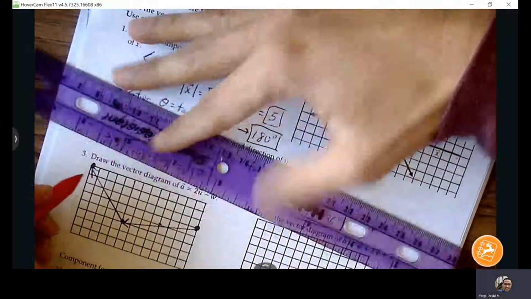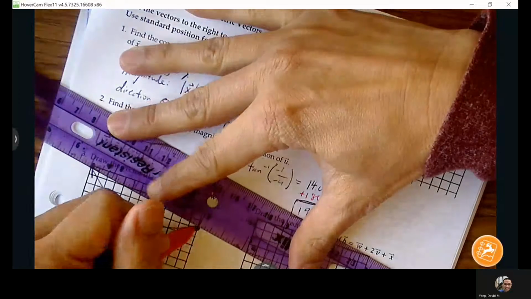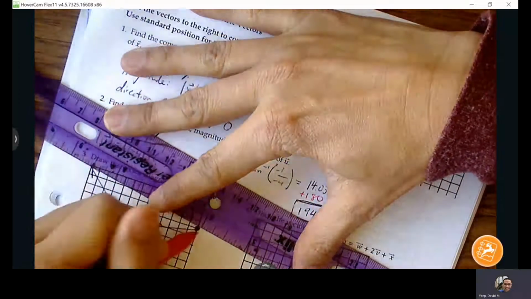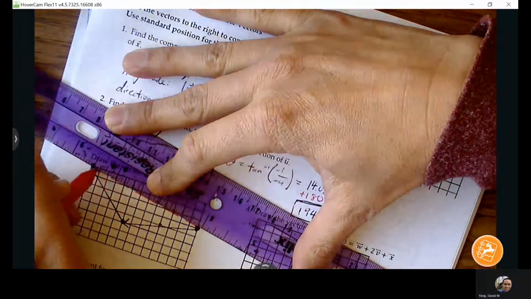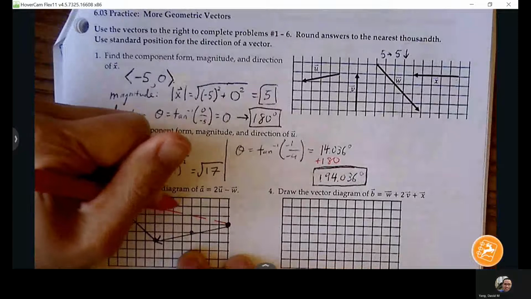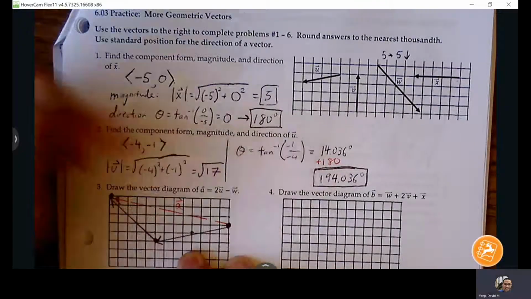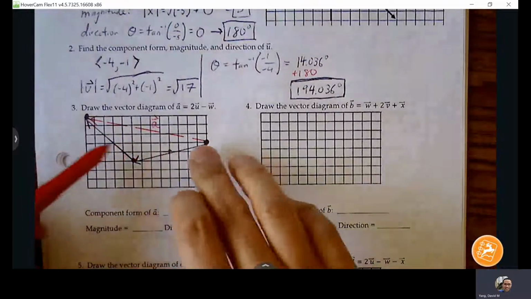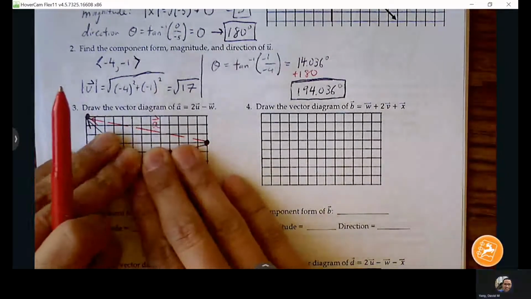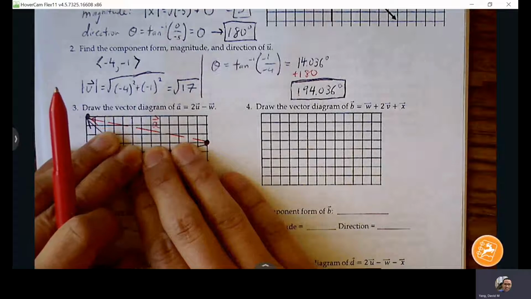Right? This is your vector A. So all we care about is component form, magnitude, and direction for vector A. We can just basically ignore 2u minus w. We just want to focus our attention on that vector.